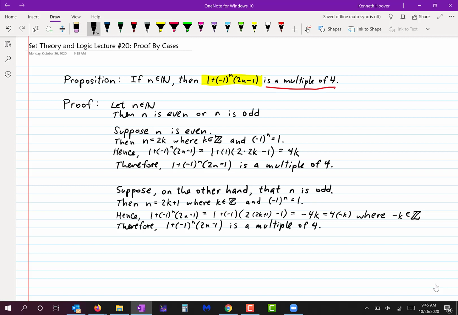Now, some people like to then tie up the cases together. It's kind of like you're in a Zoom meeting here, and then you break up into the breakup rooms, and then you come back together again.